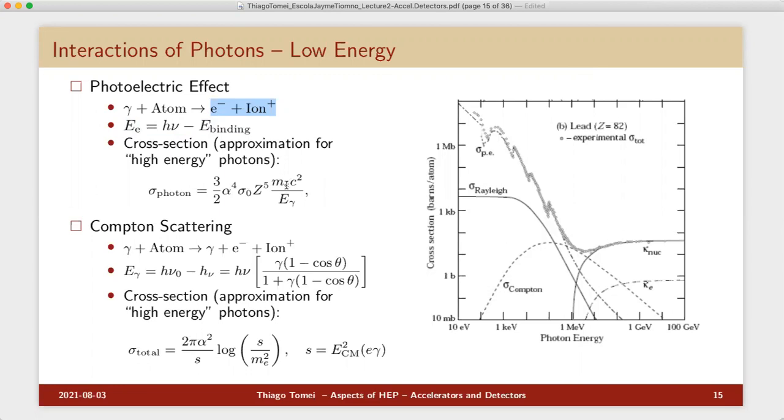And if you, again, run the calculation, you have this cross-section for the photon interaction. Then you have Compton scattering, where it's more or less the same, but the photon survives. And you again know from your quantum mechanics that it has this formula here. So for high energy photons, again, doing some approximations, you end up with this particular expression here.